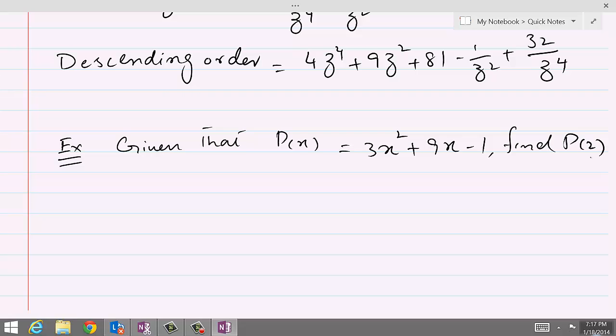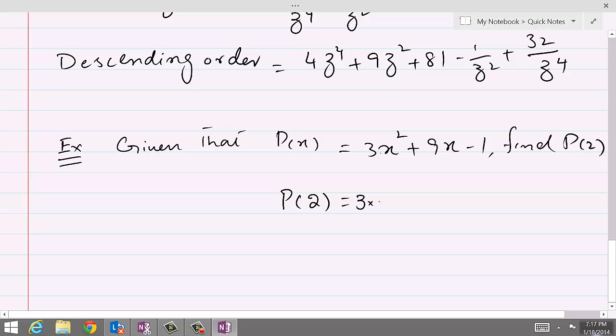And it's simply we are going to replace x with its value, and that will give us p of 2. So p of 2 is wherever x appears, replace x with 2. Here when we write 3x square, in fact 3 is multiplying with x square. Therefore we are going to write 3 times 2 power 2. So we have replaced x with 2, but we have made it clear that this 3 is multiplying with this x square. That's why we put this multiplication sign here.